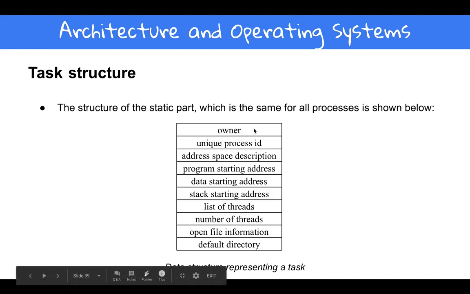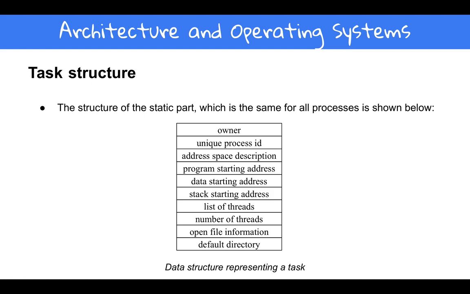What are they? Owner, which program actually is the owner of that. We've got something called a unique process ID, because we've got to be able to track the processes. Address space.